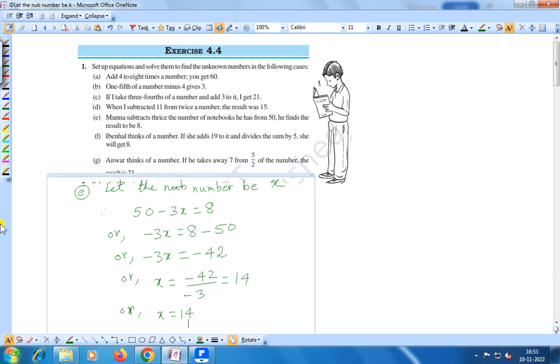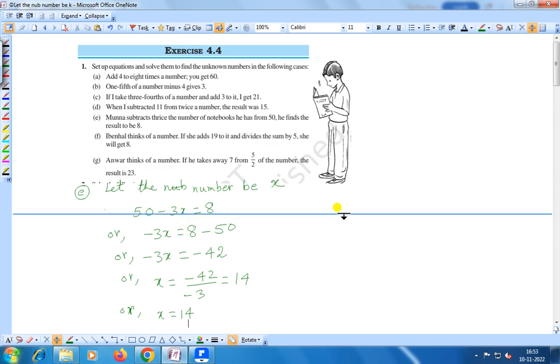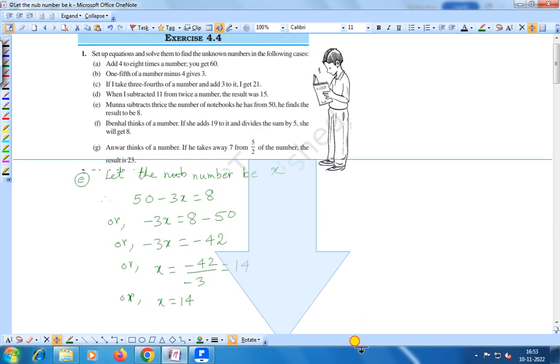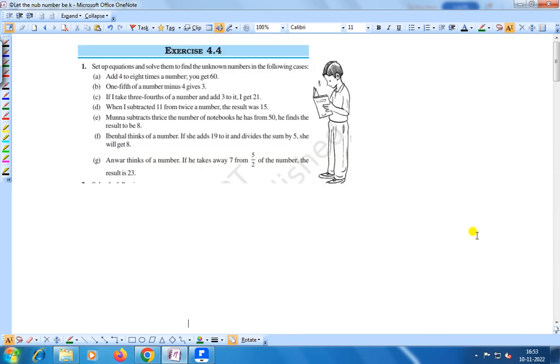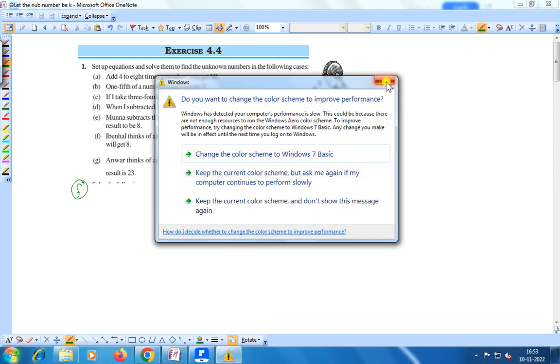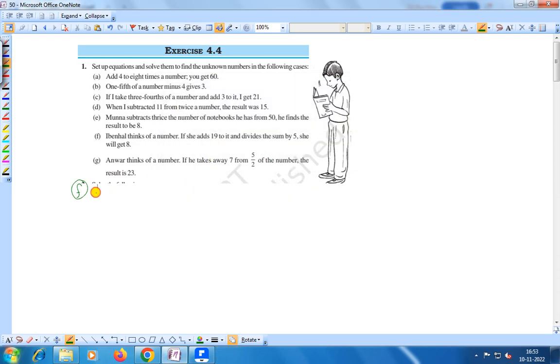Now we'll solve question number F. Question number F is: Evenhal thinks of a number. If she adds 19 to it and divides the sum by 5, she will get 8.